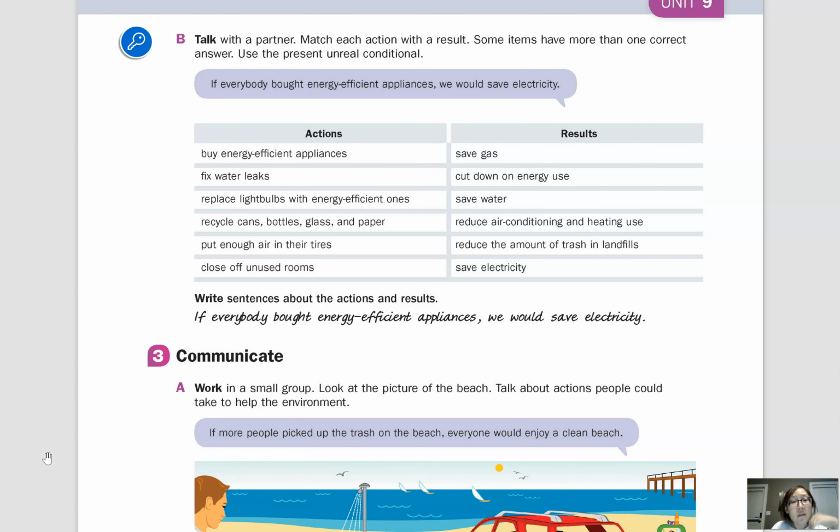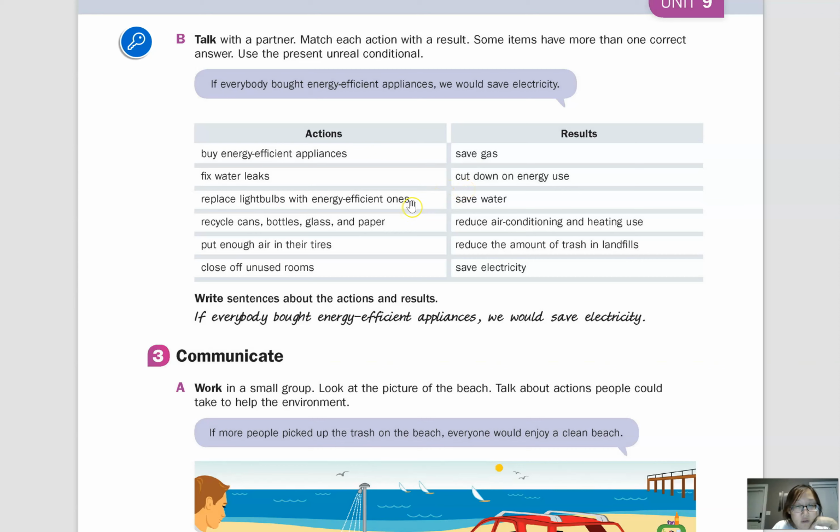Okay, so let's look at the second one. We could say, if everybody fixed water leaks, we would save water. Okay, or we would save water if everybody fixed water leaks. And then let's look at the next one. If everybody replaced light bulbs with energy efficient ones, we would cut down on energy use.